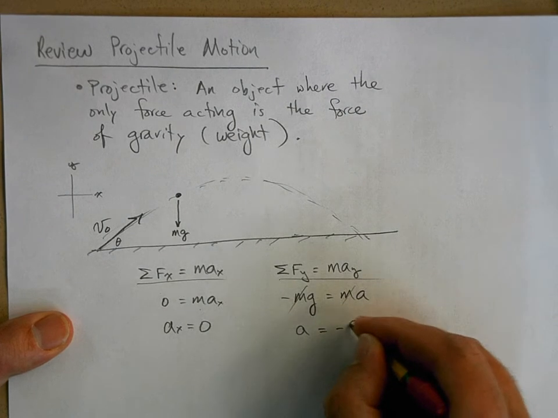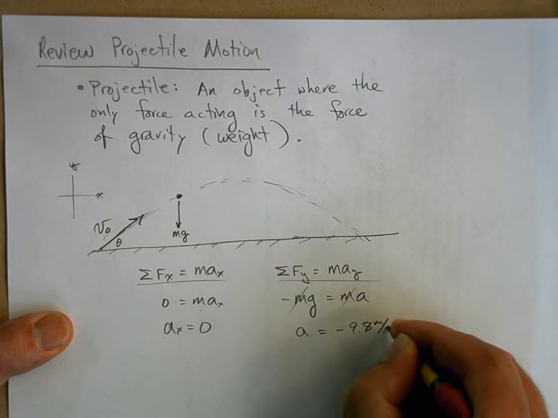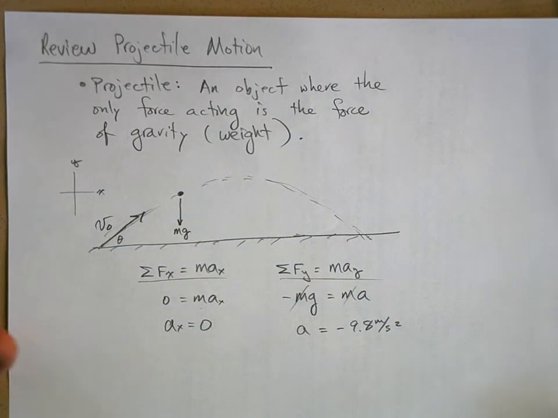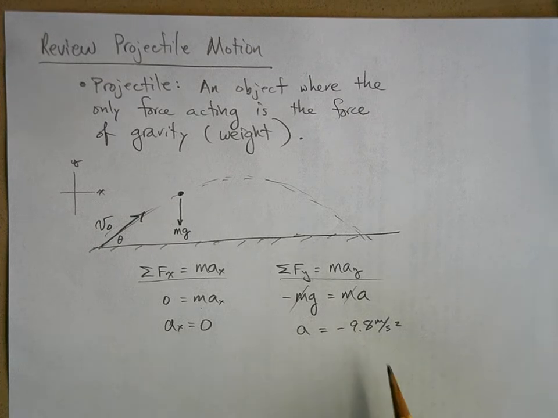Well, negative 9.8 meters per second squared. Yes? Okay. So now on the AP test, they might tell you just to use 10. 9.8 meters per second squared is pretty close to 10 meters per second squared. I'm not going to do that, but they might have you do that, to make the math easier, so you don't need a calculator as much.